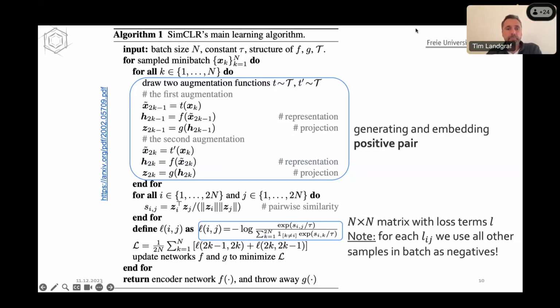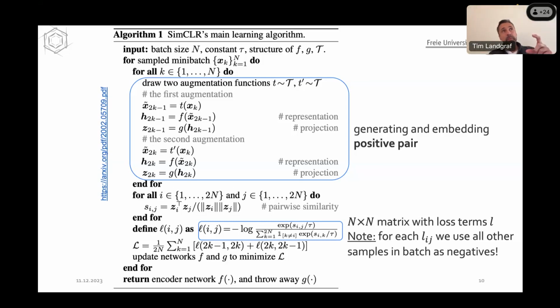Okay. So we have a mini batch, although it's really not a mini batch. It's many thousand of those samples. We augment them, embed them, project them, and do it twice for the two different samples coming from the same input.